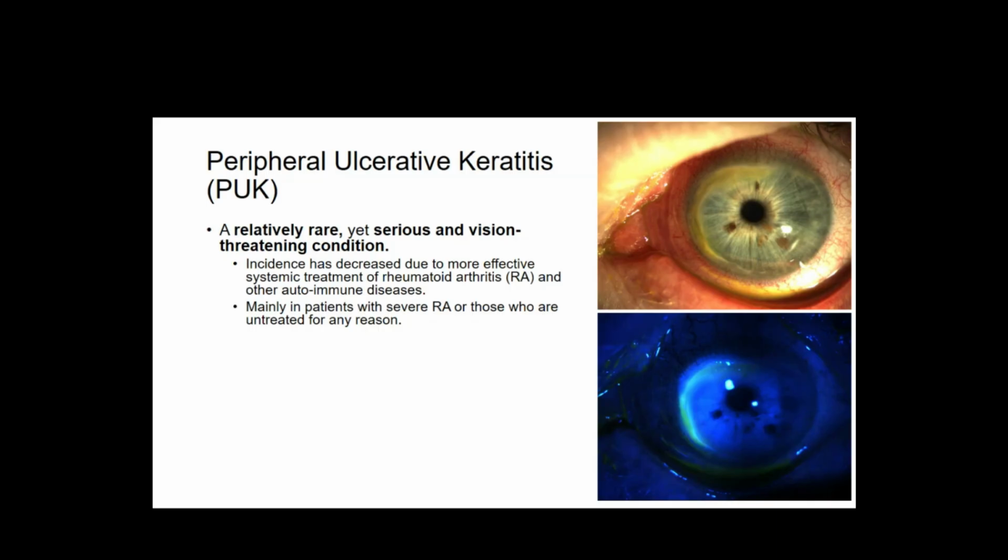In recent years, advances in treatment of this autoimmune disease have led to a reduction of the presentation of peripheral ulcerative keratitis. Especially the biological and systemic treatments help to control the disease, so we don't see a lot of these patients anymore.